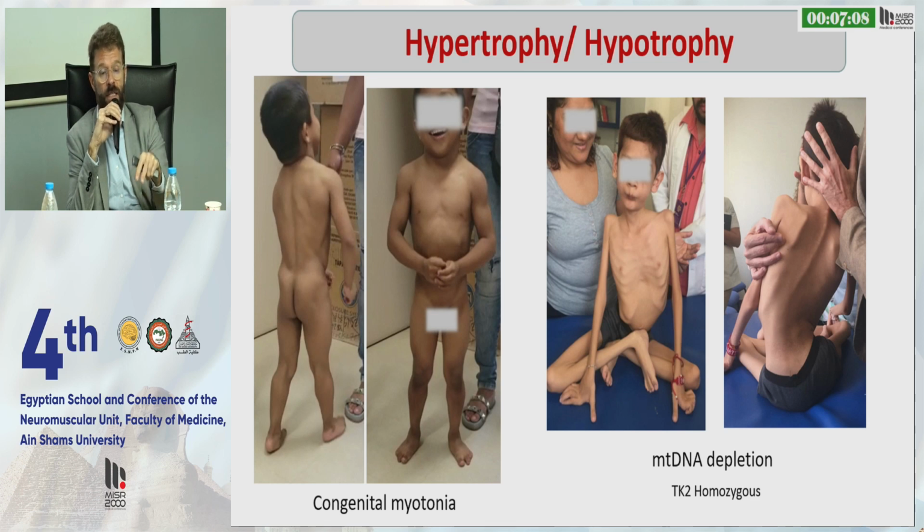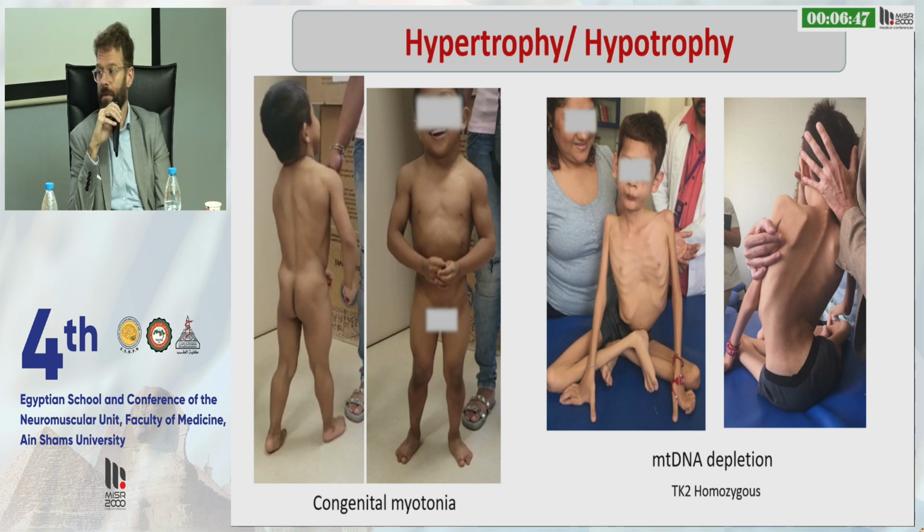We recently analyzed muscle biopsies of Duchenne and Becker patients, and we see that already at an early age you have fatty substitution. Therefore, this is probably not a real hypertrophy, but pseudo hypertrophy.